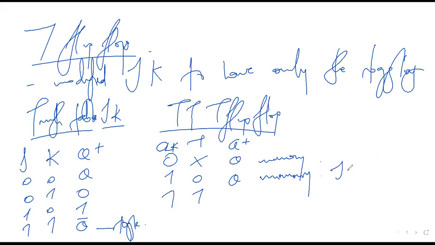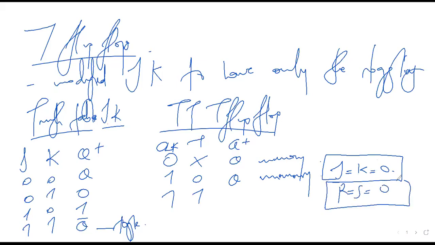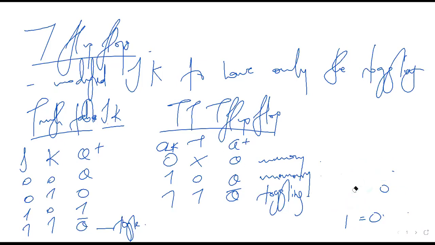It's the same as J = K = 0, the same as R = S = 0, the same as D = 0: memory state. Now, when T is equal to 1, this is the state we want. Toggling. And that sums up the truth table for the T flip-flop.